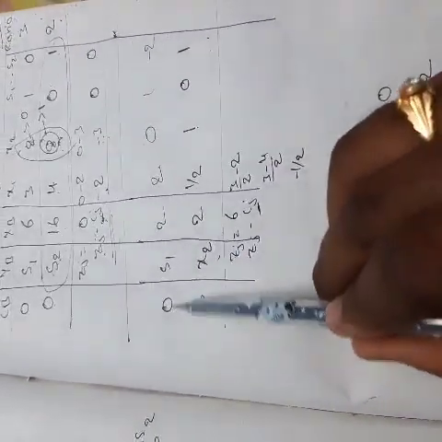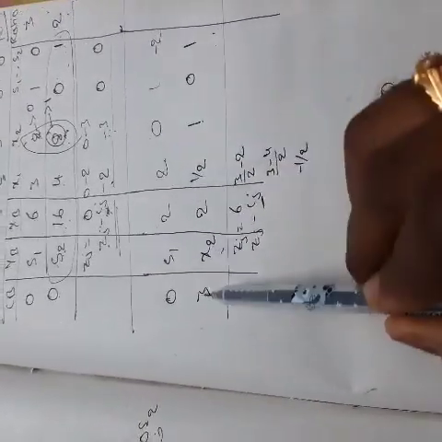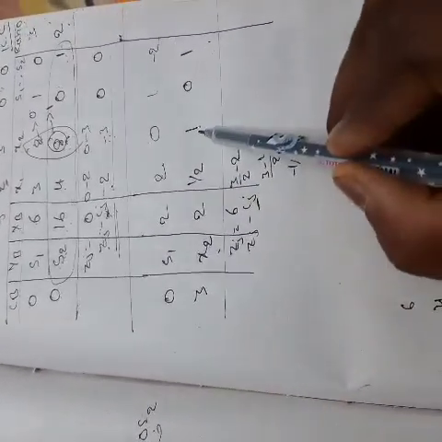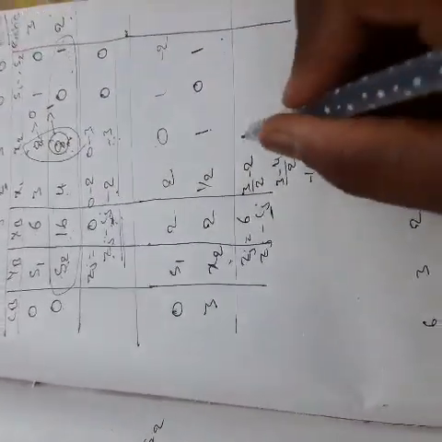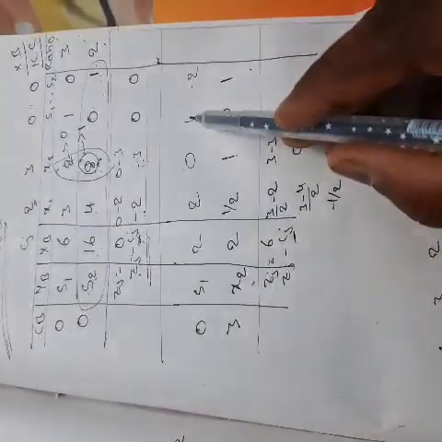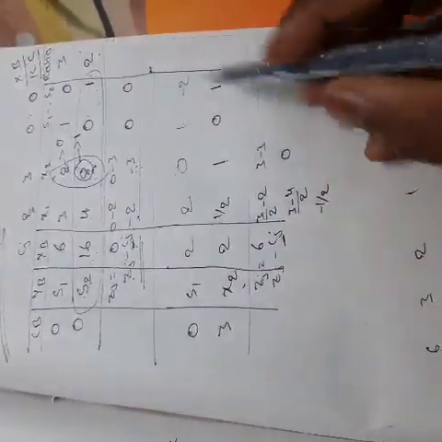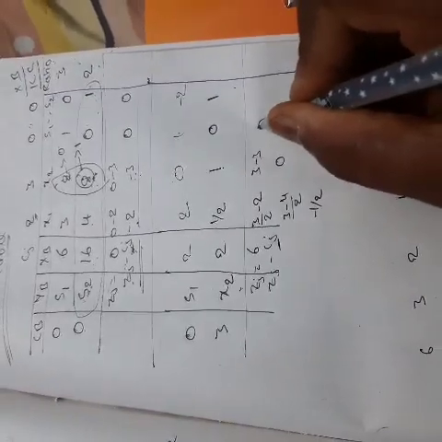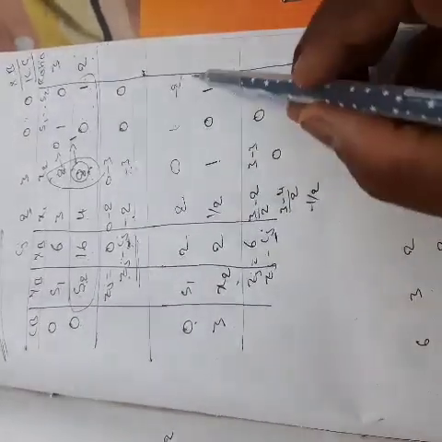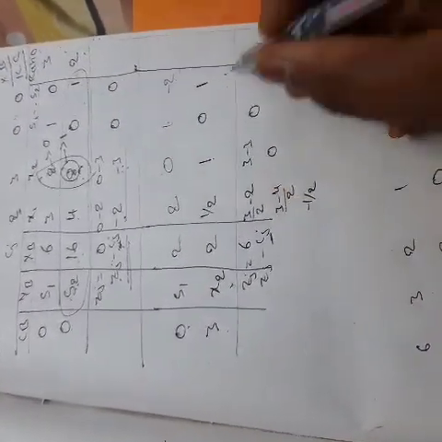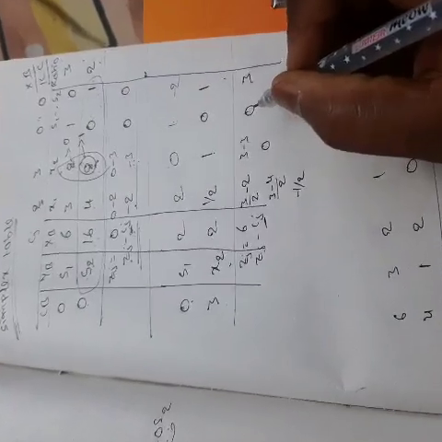And then 0 into 0, 0, plus 3 into 1, 3, minus 3, so 0. And then 0 into 1, 0, 3 into 0, 0, minus 0, 0. 0 into minus 2, 0, 3 into 1, 3, minus 0. So the value will be 3.